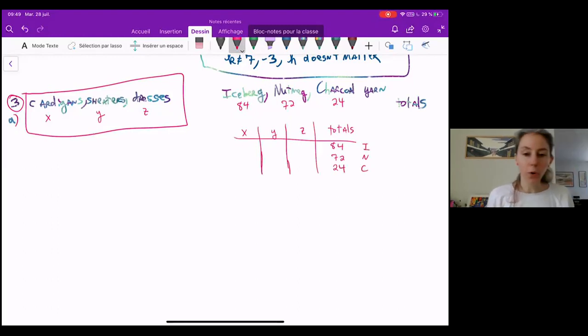And you'll notice that usually these things go into the matrix in columns. So each cardigan requires 6 iceberg, 3 nutmeg, and 3 charcoal. So that'll be 6, 3, 3. Each sweater requires 5 iceberg, 5 nutmeg, and 1 charcoal. And each dress requires 6 iceberg and 8 nutmeg.